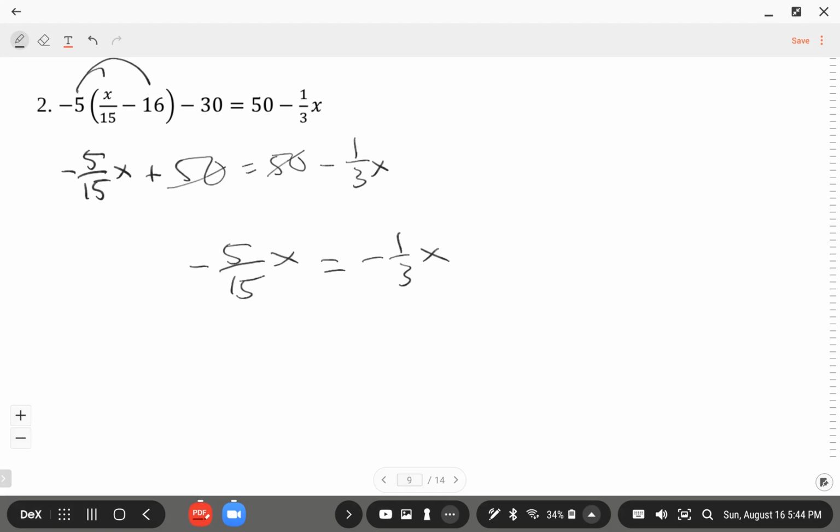And these fractions, negative 5 over 15 and negative 1/3, they're equal, right? They're equal. So this would actually be an identity equation.